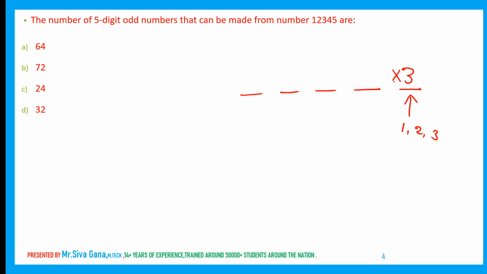This confusion is eliminated by looking at the options. As the options are very close and small, definitely it is the no repetition case. You should apply your common sense.